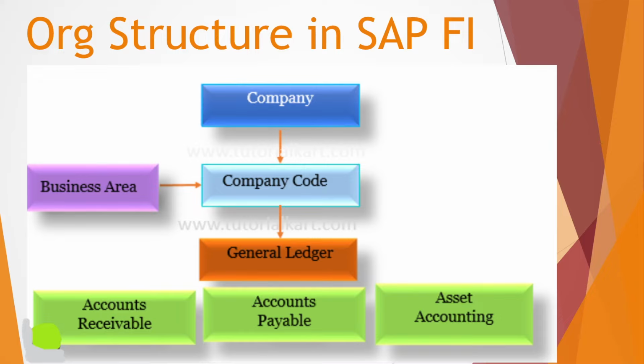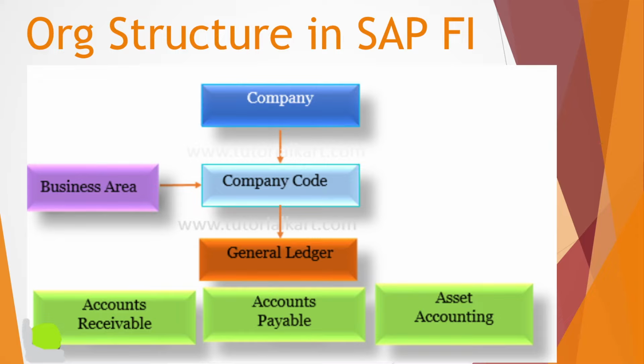Though the company is one level above the company code, and under a single company you can assign multiple company codes. So the relationship from company code to company is 1:1, but from company to company code is 1:n. Kindly keep this point in mind.